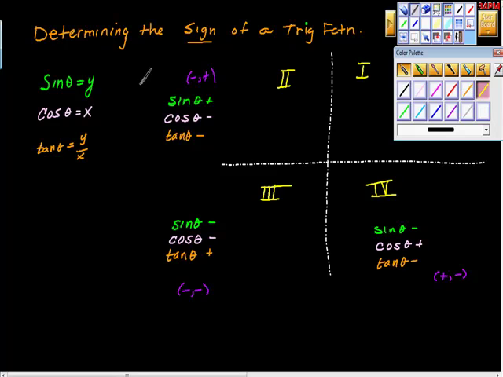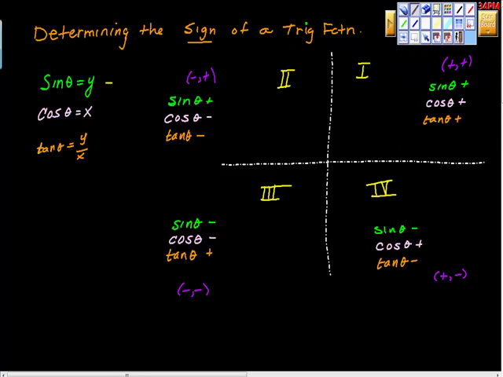Let's take their reciprocal functions now. The reciprocal of sine is cosecant theta, which is 1 over y. So the same thing is going to be true here: when y is positive, cosecant is positive, because 1 is always positive, so the only thing that changes the sign is y.